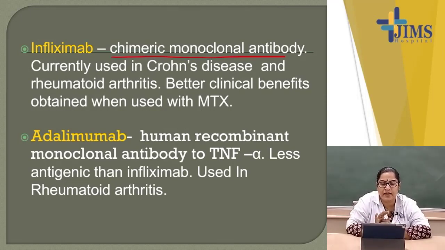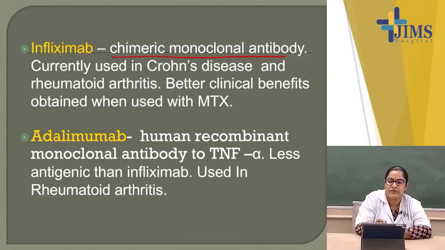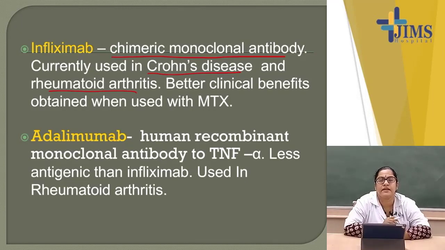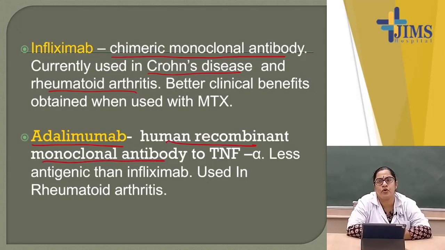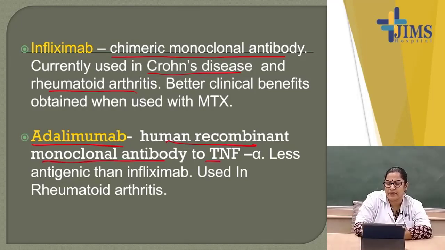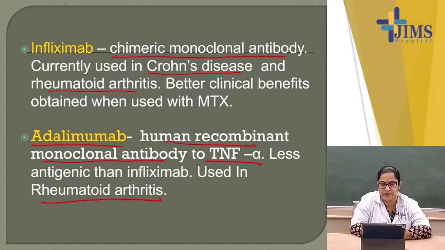It is a monoclonal antibody used for the treatment of Crohn's disease and rheumatoid arthritis. Better clinical benefit is obtained when it is used along with methotrexate. Adalimumab is a human recombinant monoclonal antibody, produced by recombinant technology, and it is an antibody to tumor necrosis factor alpha. It is less antigenic than infliximab and used in rheumatoid arthritis.